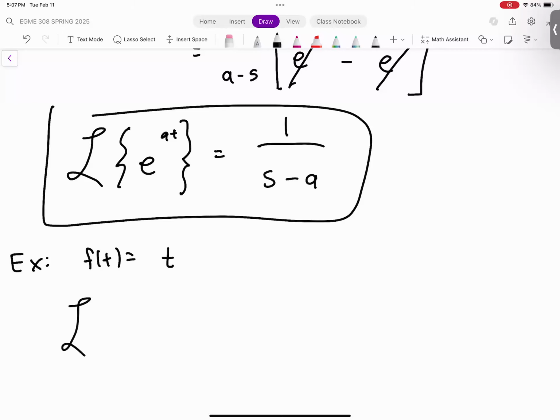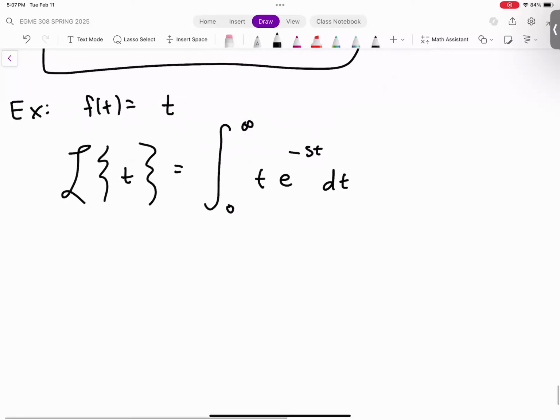If we take the Laplace transform of t, that's equal to the integral from 0 to infinity of t e to the minus st dt. This one we're going to have to solve with integration by parts, since we have t multiplied by an exponential.